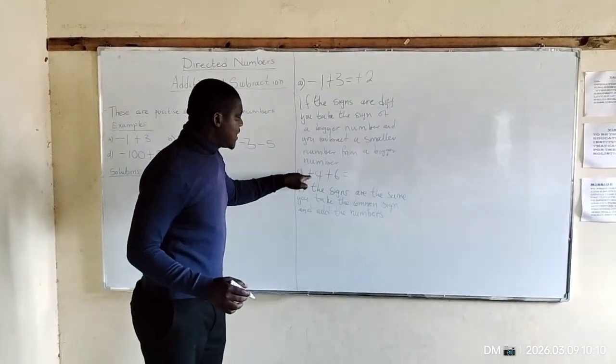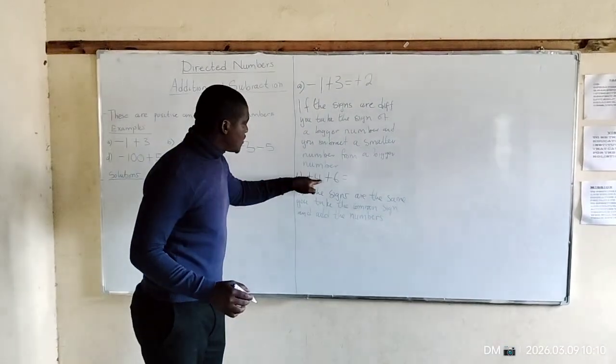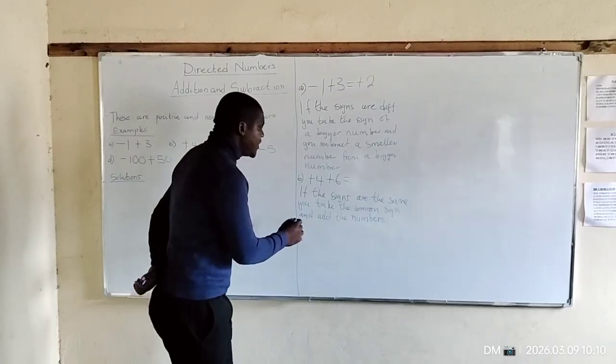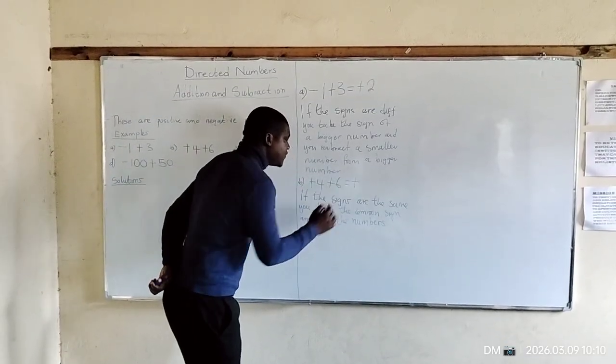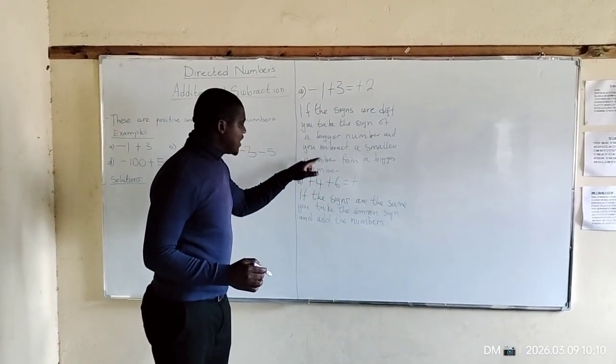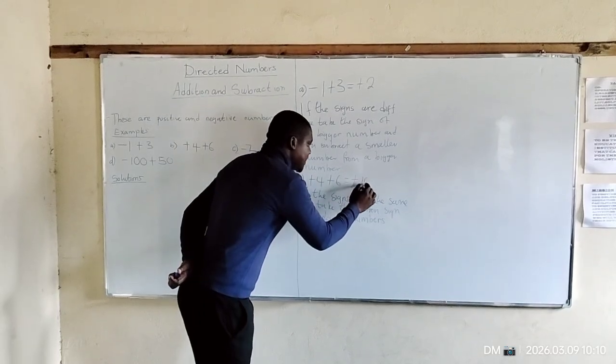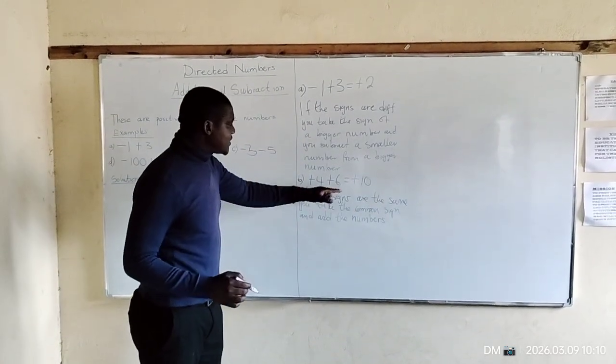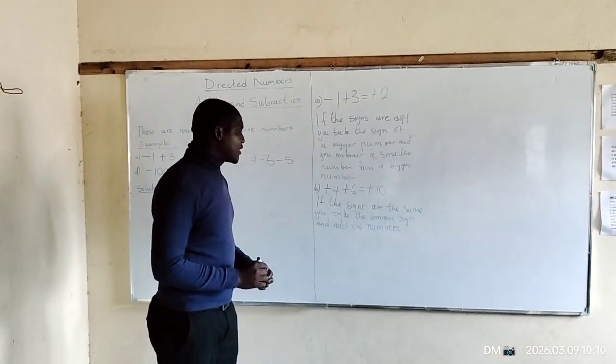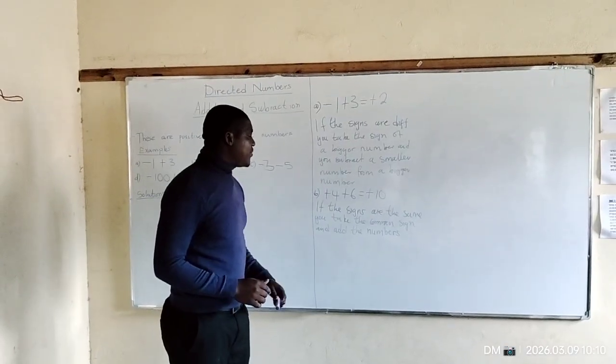So the signs are the same. You take the common sign. So the common sign here is positive. So you are saying 4 plus 6 to get 10. That's why you are saying if the signs are the same, you take the common sign and add the numbers.